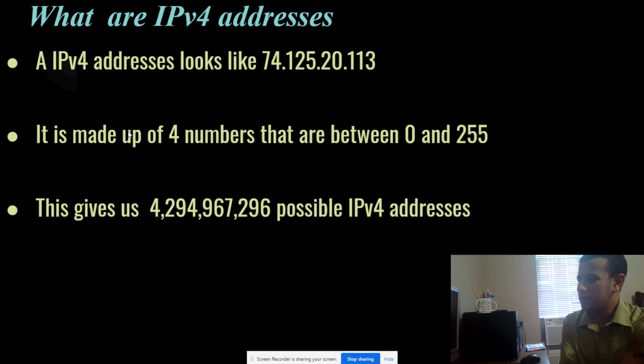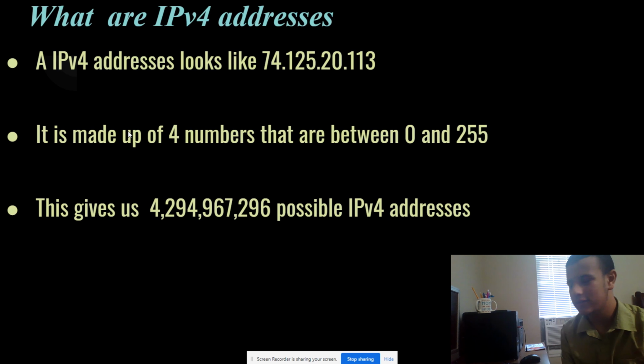Like we said before, an IPv4 address is made up of 4 numbers between 0 and 255, separated by periods. This way of writing IP addresses gives us roughly 4,294,967,296 possible IPv4 addresses on the internet.